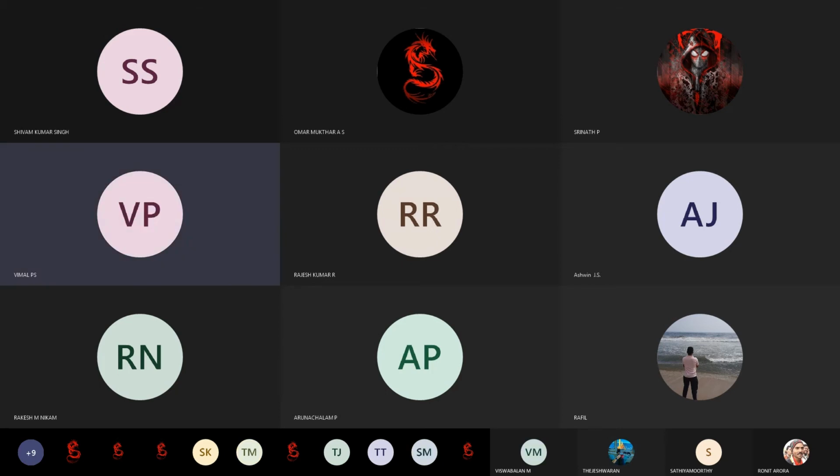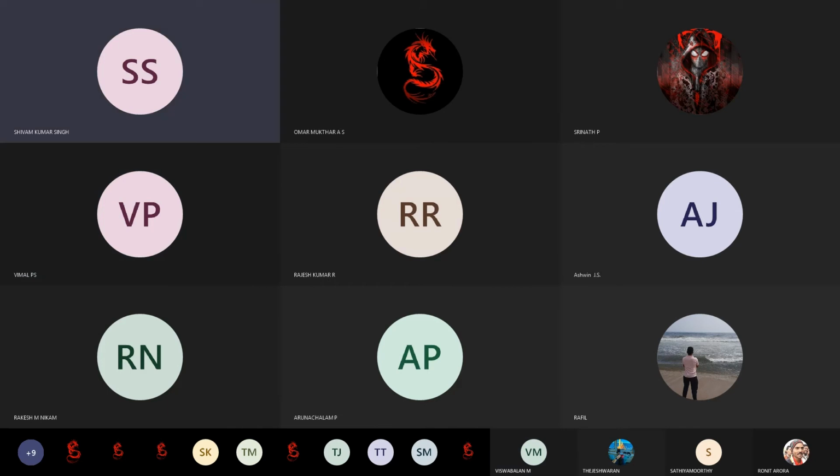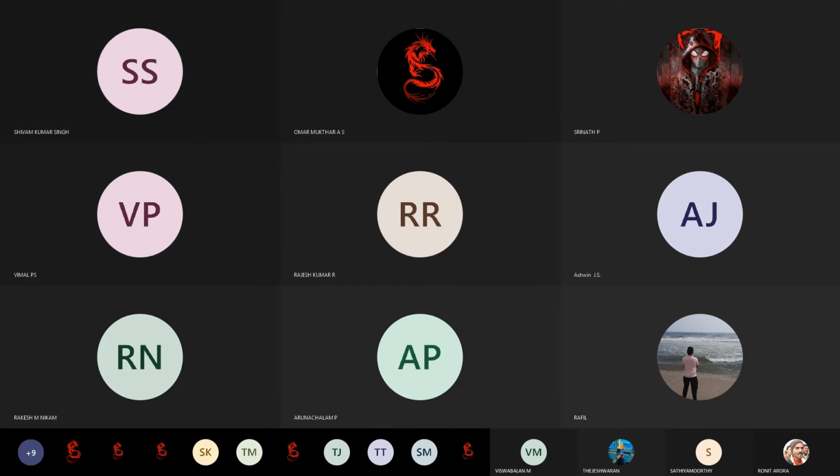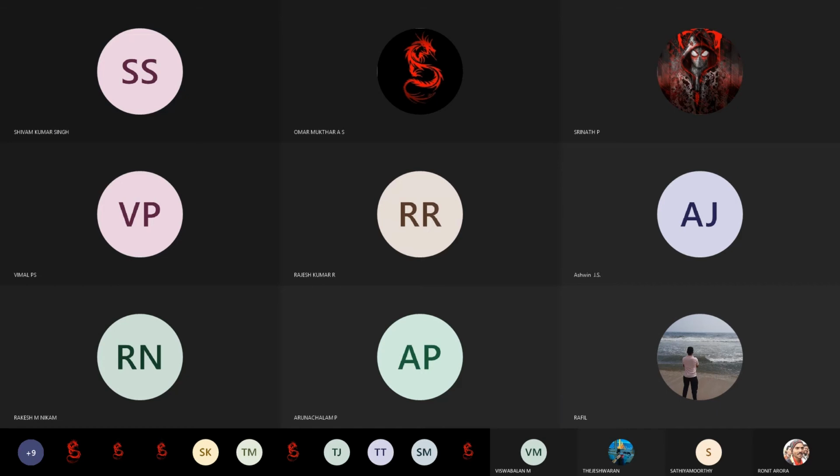Vishwa Balan. Present, sir. Shivam Kumar. Present, sir. Benjamin. Present, sir. Arnachalam. Present, sir. Okay, Rajesh Kumar. Present, sir. And Ronit Arora.